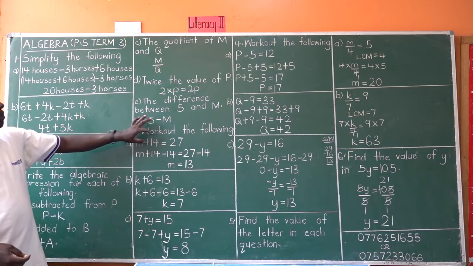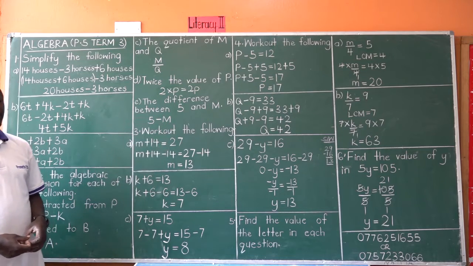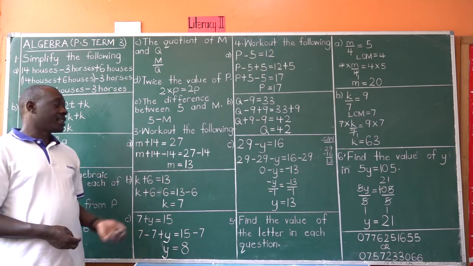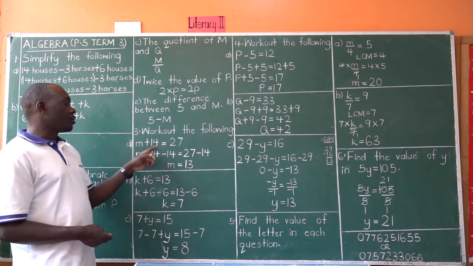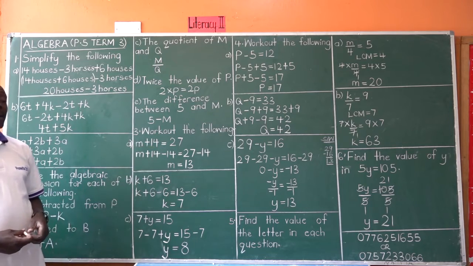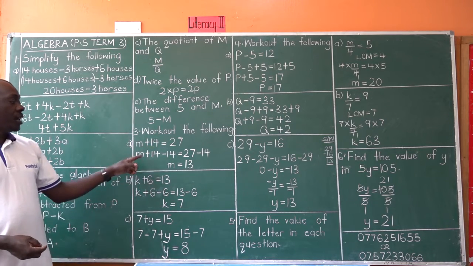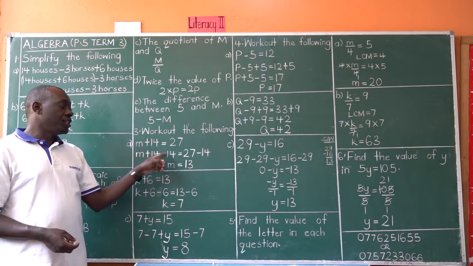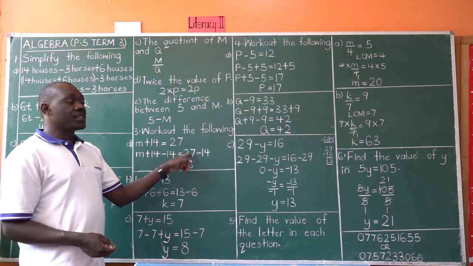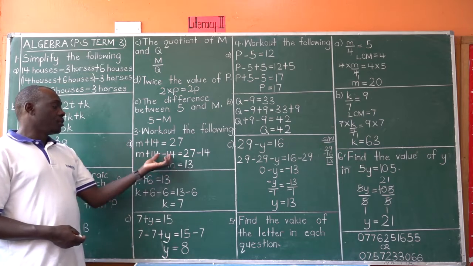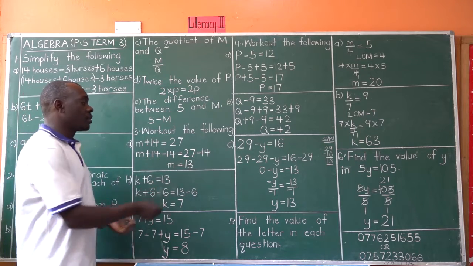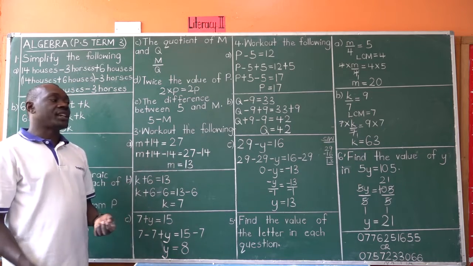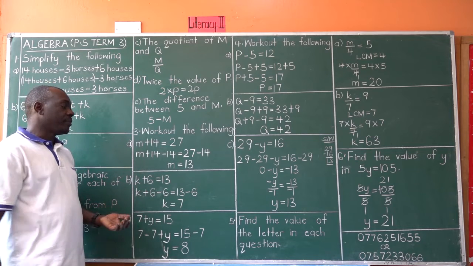So I've got m plus 14 equals 27. Now that I've got a plus, we introduce a minus onto the same 14 to make it a 0. So that's why we say m plus 14 minus 14 equals 27 minus 14. What you do this side is what you do the other side because of the equal sign. The equal sign is there to balance the equation.